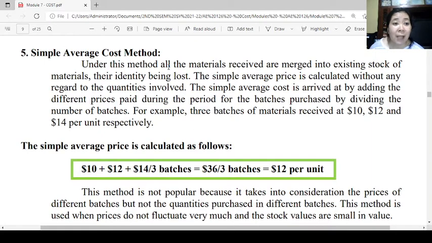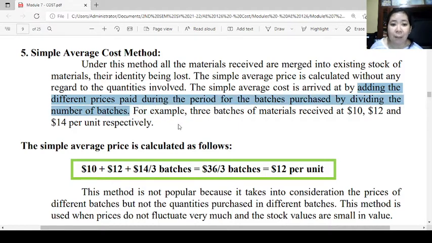Number 5, simple average cost method. So under this method, all materials received are merged into the existing stock of materials and their identity is lost because they will be averaged. So the simple average price is calculated without any regard to the quantities involved. So simple average cost is arrived at by adding the different prices paid during the period for the batches purchased and then dividing it by the number of batches.